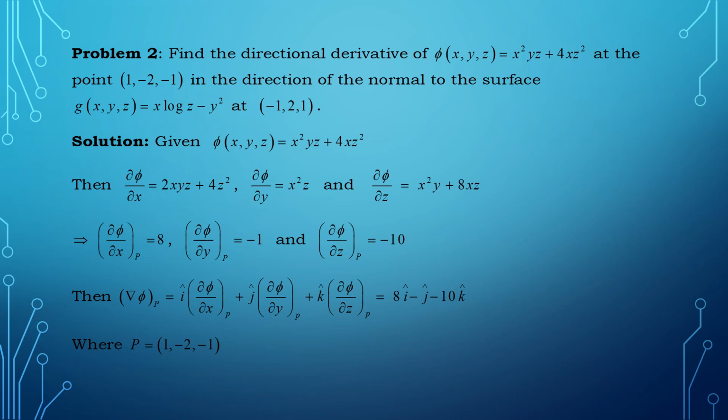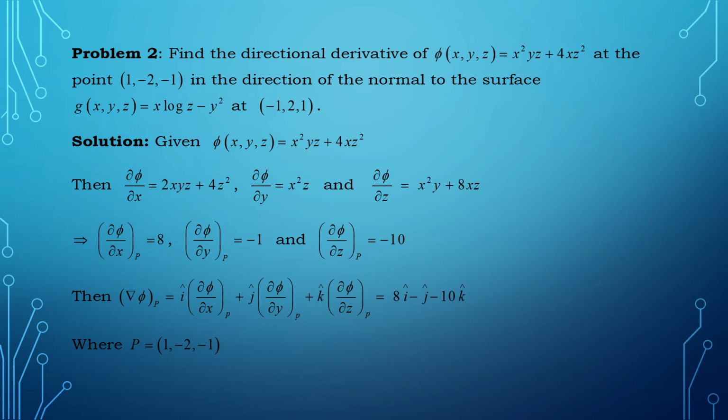Now, let us finish off the first part of this problem. That means in this first part, we find the gradient of the given scalar field phi of x, y, z. So in part 1, let us consider the given surface phi of x, y, z equals x squared yz plus 4xz squared.